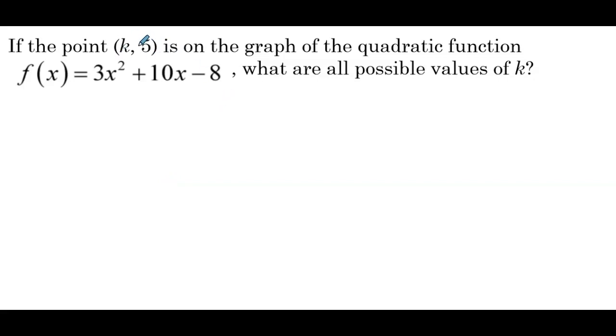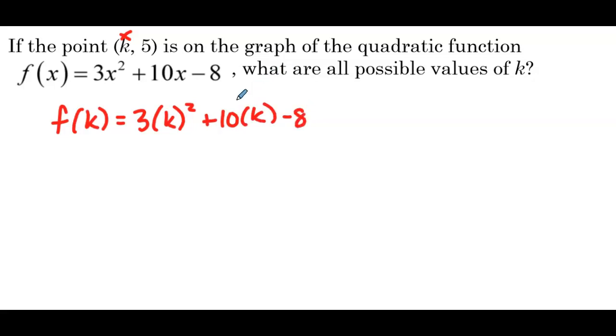So if we know that this point is on this graph, we can start by plugging in k for x. So we'd have f of k equals 3k squared plus 10 times k minus 8. And if we rewrote the point in function notation, that means f of k equals 5.